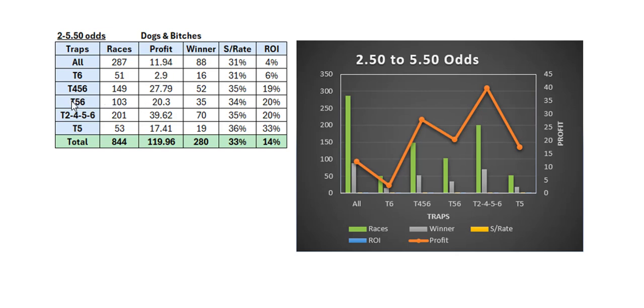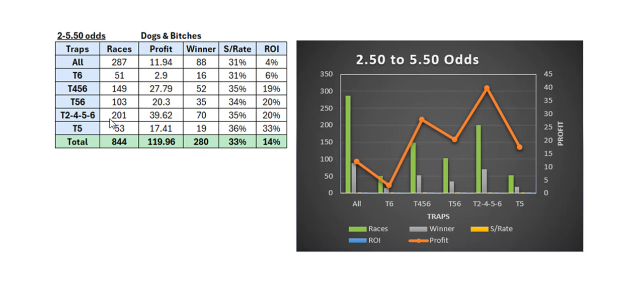Then we look at traps 5 and 6. We had 103 selections over the 25 days, so about 4 selections a day on average, to make £20 profit, 35 winners, 34% strike rate, and 20% return on investment.